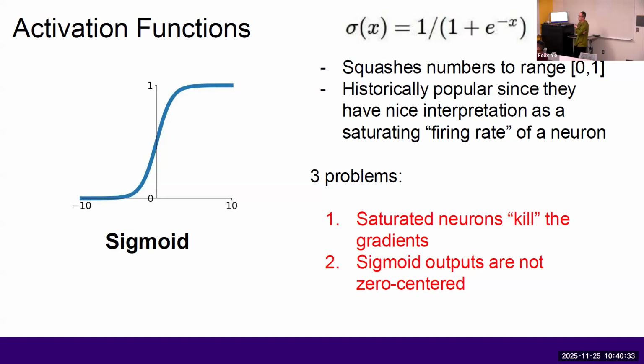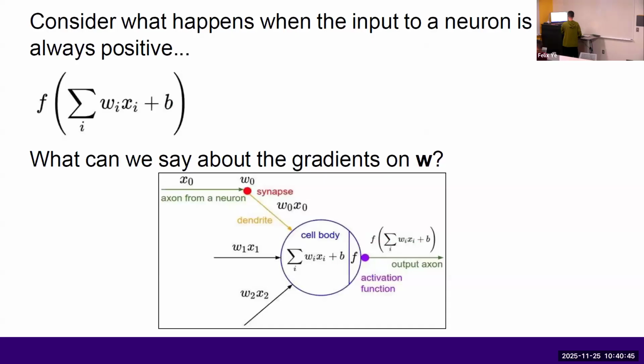The second problem is that sigmoid outputs are not zero-centered, because the output of sigmoid is between 0 and 1, instead of minus 1 to 1. This is something you have to be worried about. Think about your input to a neuron always being positive. That means your x is always positive, right?